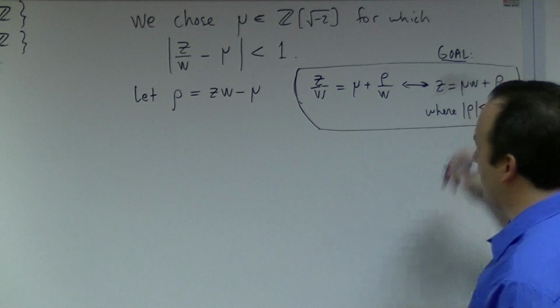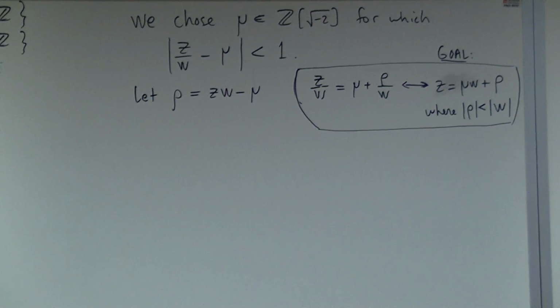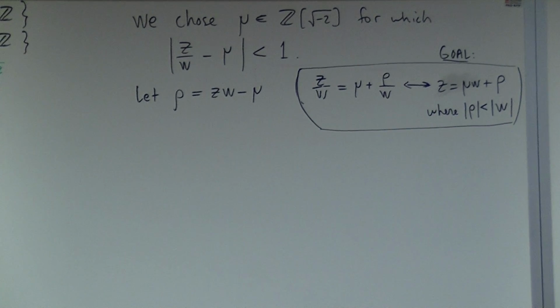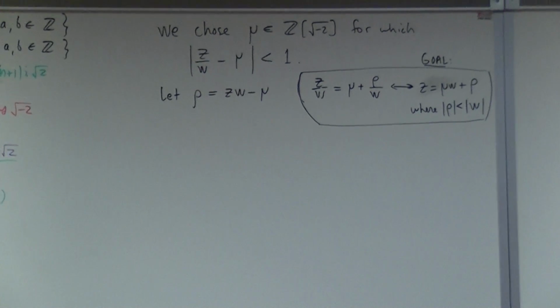We're trying to show this, that would be the natural division property. And I'm working my way there slowly but surely geometrically by the same argument we used for the Gaussian integers, actually. So I just said let the remainder be the product of z and w minus mu, where mu we constructed as the closest integer to the quotient of these two things looked at as a complex number.